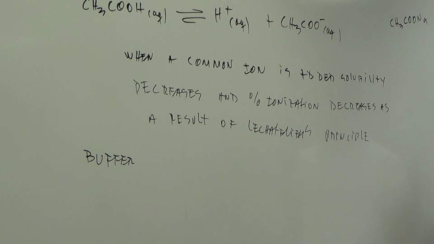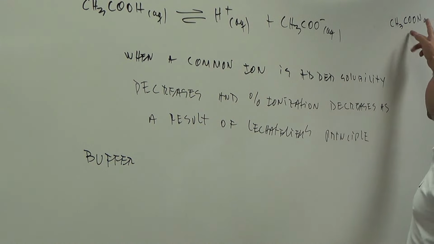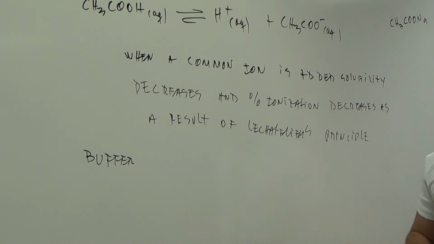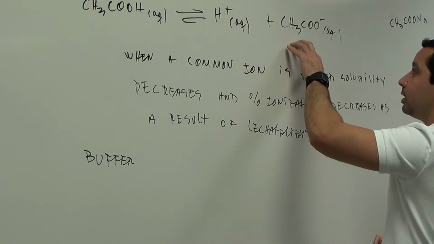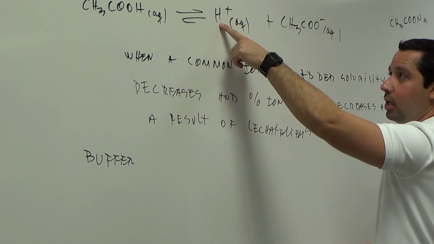So if I add this, what happens to the pH of this solution? Does it get more acidic or more basic? Does it go up or does it go down? If you're adding this and this is a base, it's not going to become more acidic, it's going to become more basic. You're adding this, and the equilibrium is going that way, and this is the one that gives you the pH.